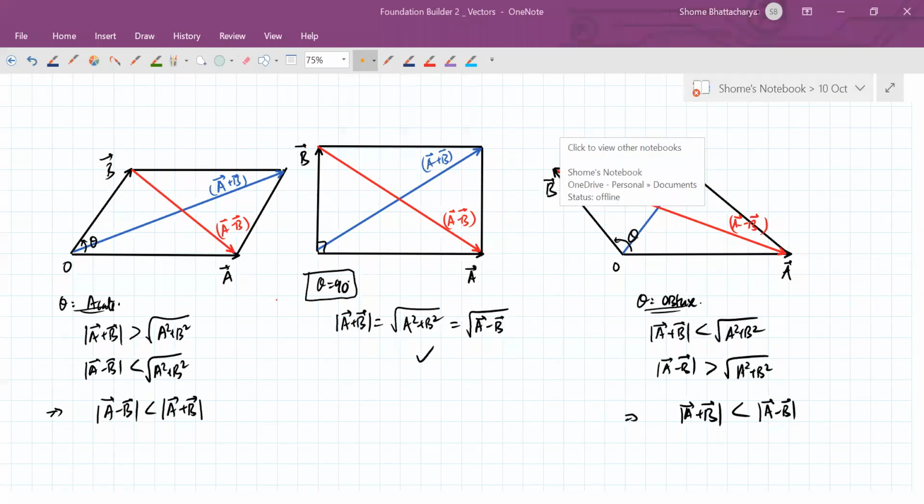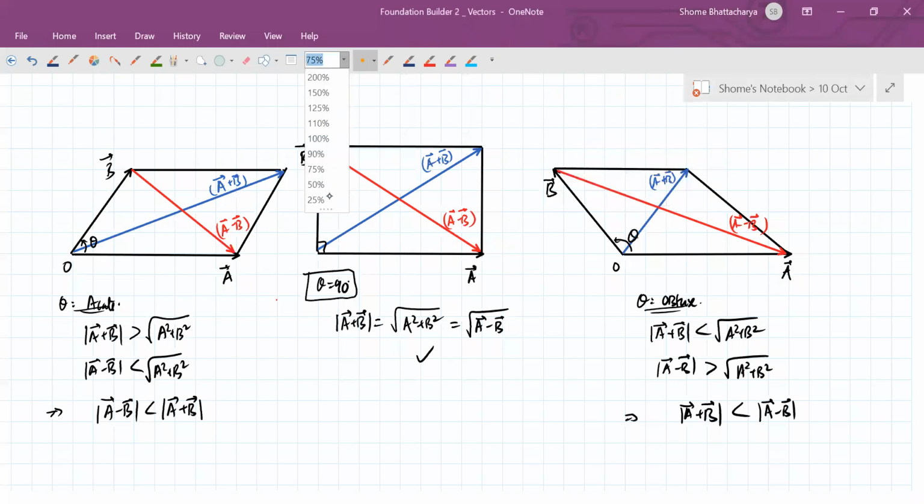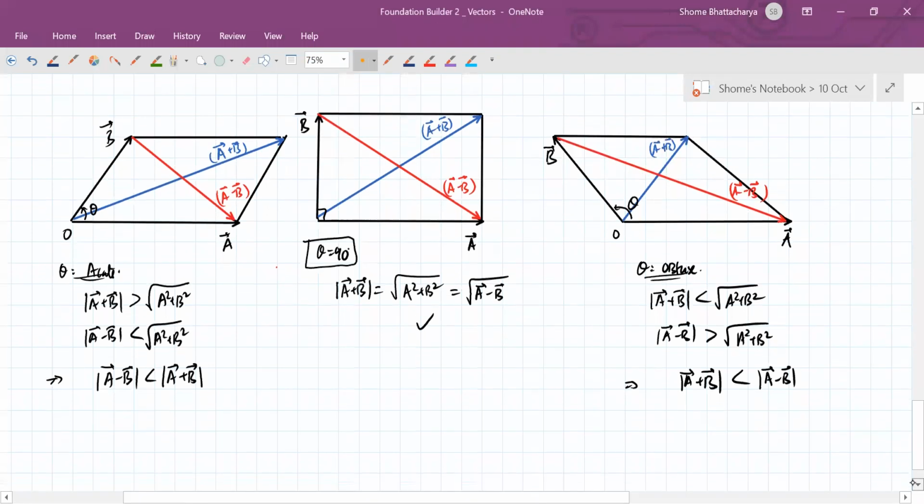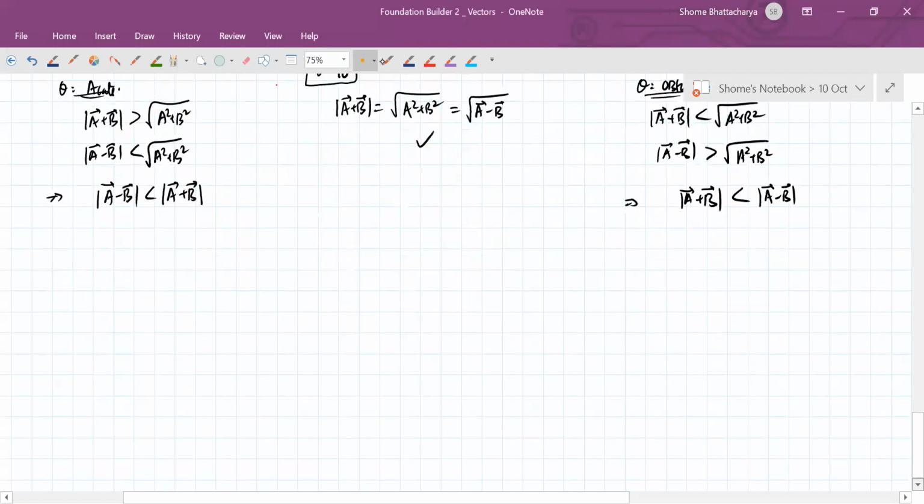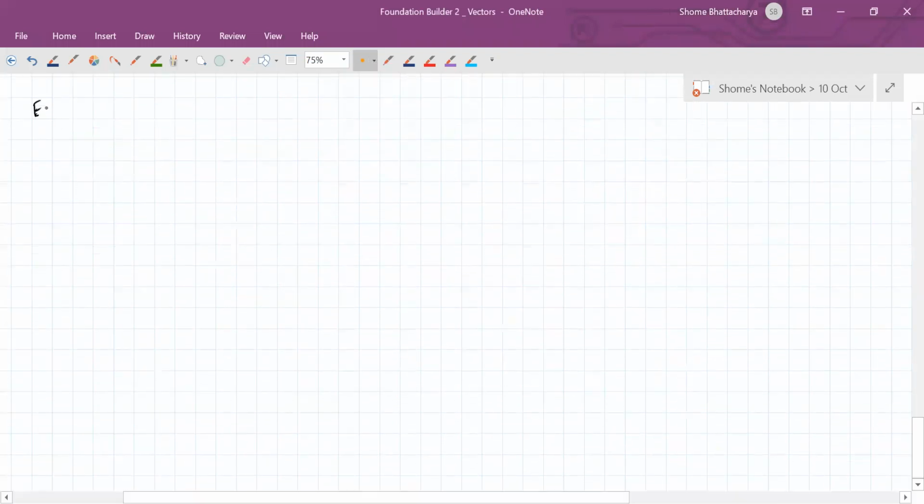Okay, so let us look at some example problems based on these things. Suppose we are given an example like this: magnitude of A is 15, magnitude of B is 20, and the angle between A and B is greater than 90 but less than 180.